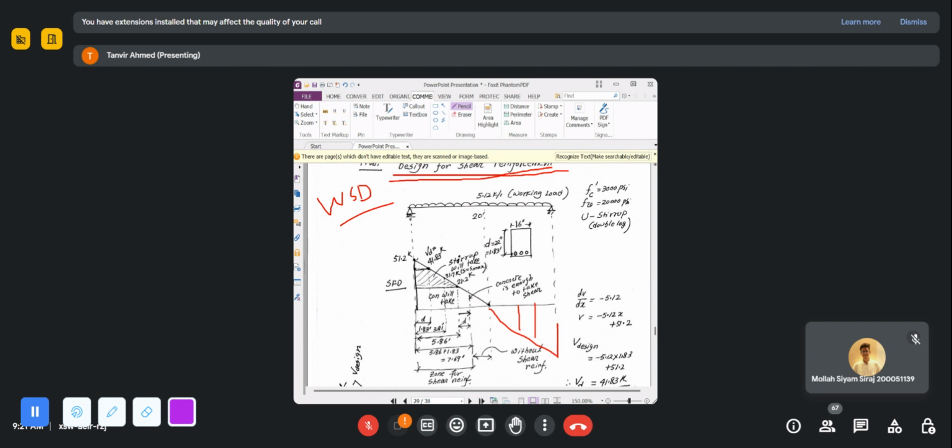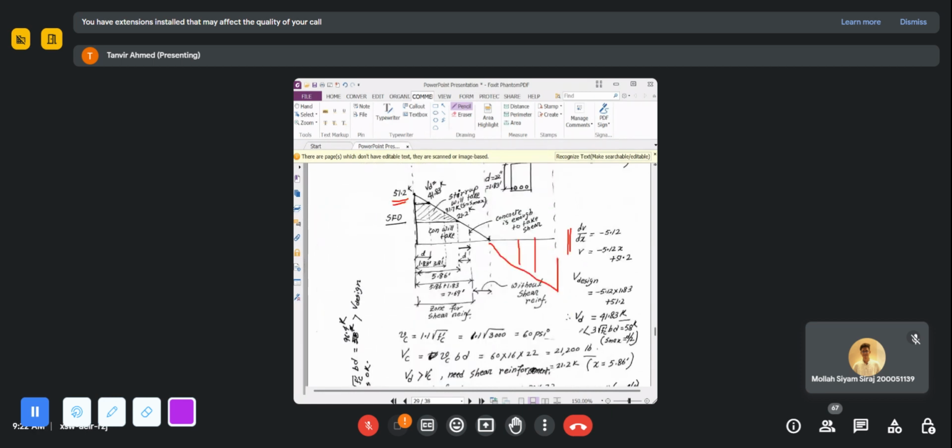So you can simply draw the shear force diagram, and from the shear force diagram you can calculate the value of the shear force. This is one way you can do this, or you can use these equations as we discussed in the last problem to get the value of your shear force.